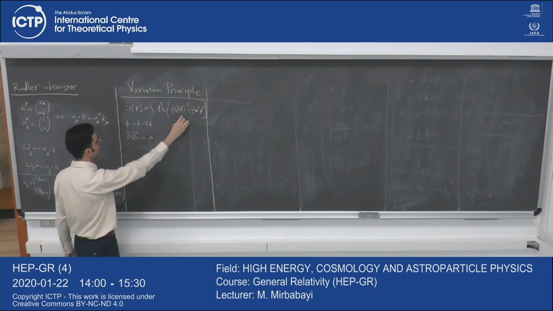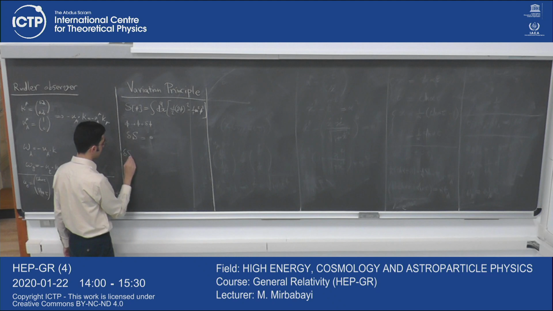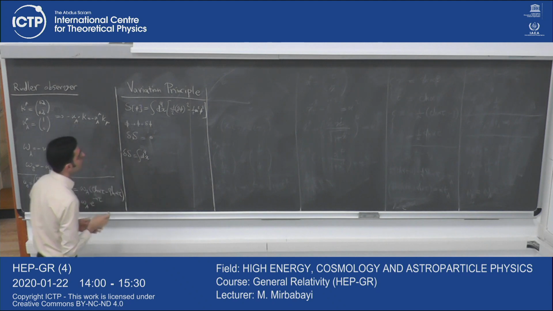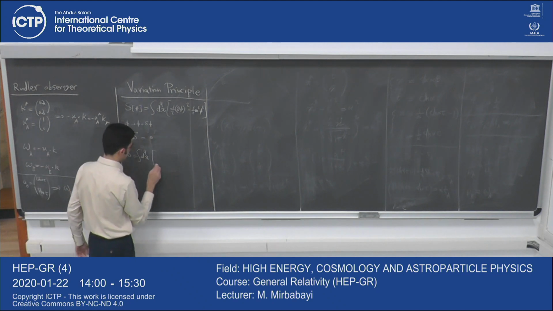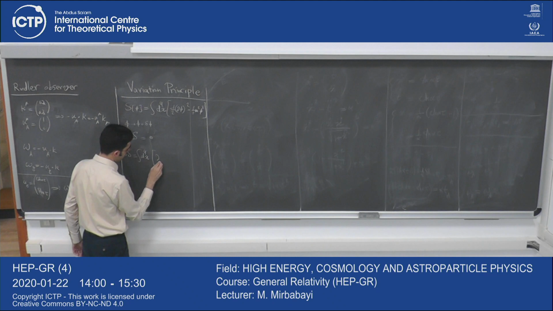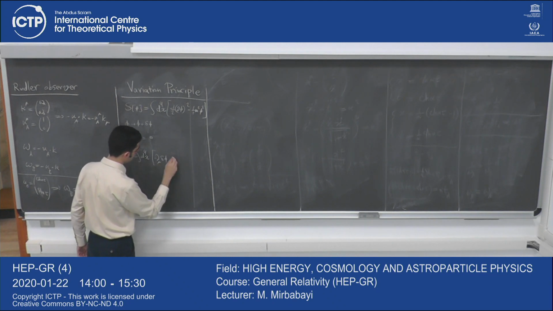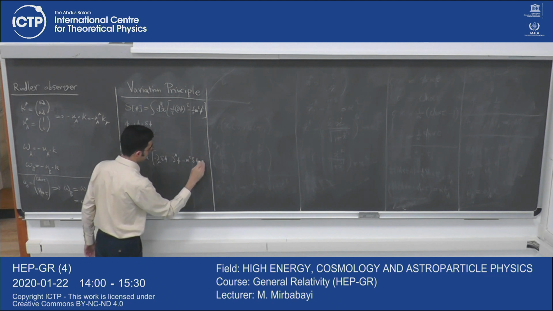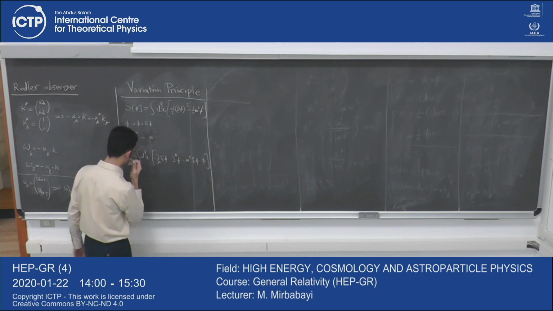So if we do this substitution, what we get for δS is equal to the integral d⁴x of minus ∂_μ δφ ∂^μ φ minus m² δφ φ.